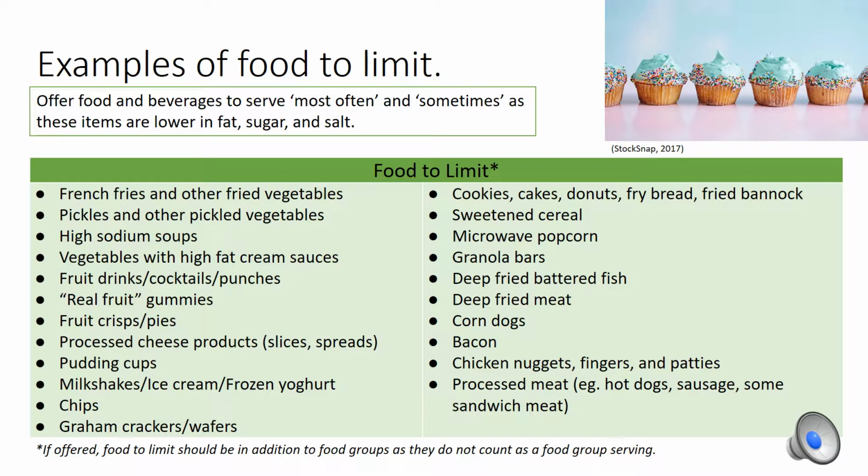Some examples of foods to limit include French fries and other fried vegetables, pickles and other pickled vegetables, high-sodium soups, vegetables with high-fat cream sauces, fruit drinks, cocktails, or punches, real fruit gummies, fruit crisps or pies, processed cheese products including slices and spreads, pudding cups, milkshakes, ice cream, frozen yogurt, chips, graham crackers or wafers, cookies, donuts, fry bread, fried bannock, sweetened cereal, microwave popcorn, granola bars, deep-fried battered fish, deep-fried meat, corn dogs, bacon, chicken nuggets, fingers and patties, processed meat such as hot dogs, sausage, and some sandwich meat.